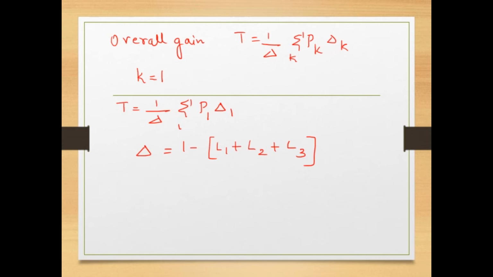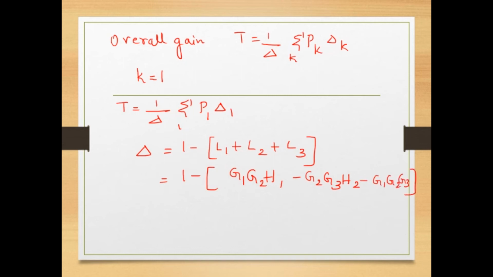We do not have any non-touching loops, so we can end our delta formula with this. So delta is 1 minus L1. L1 is G1, G2, H1, and L2 is minus G2, G3, H2, and L3 is minus G1, G2, G3.